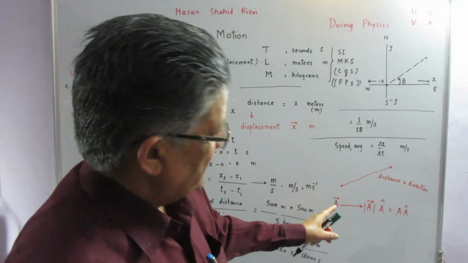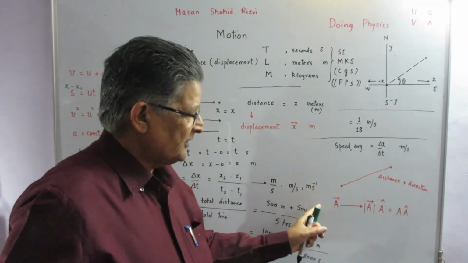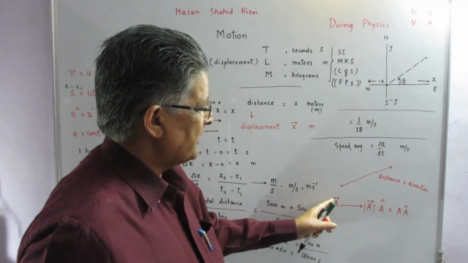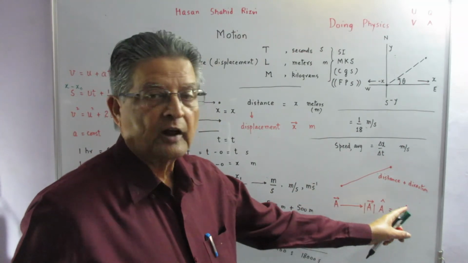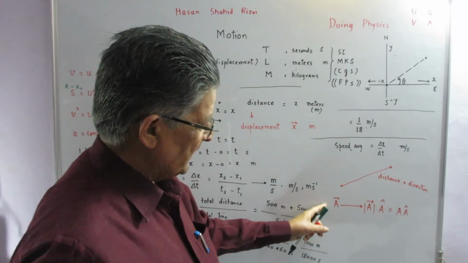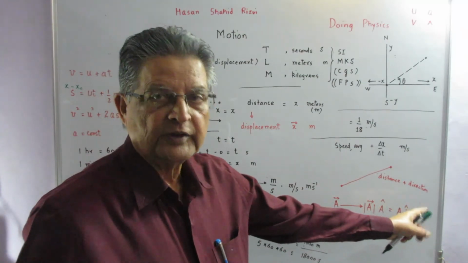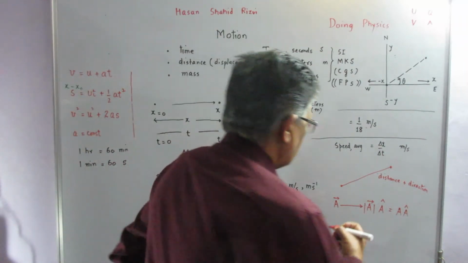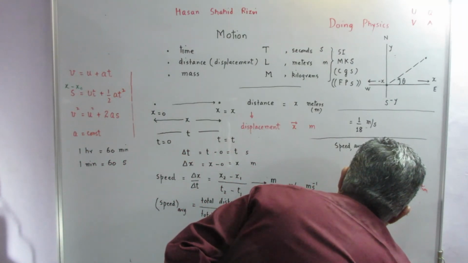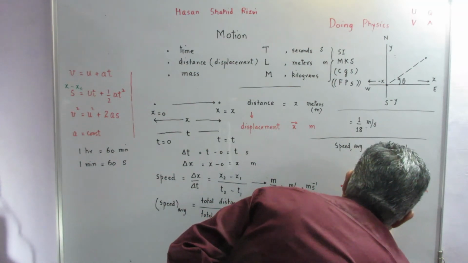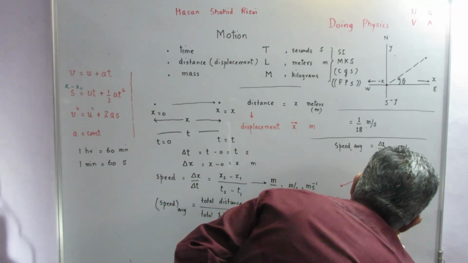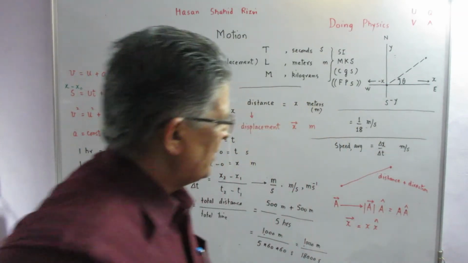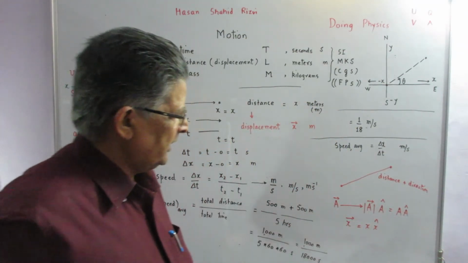Naturally, if on the left hand side of an equation I have a vector, then on the right hand side also there should be a vector. If this side is a scalar, this side also should be a scalar. So I can write my displacement as x times x cap.